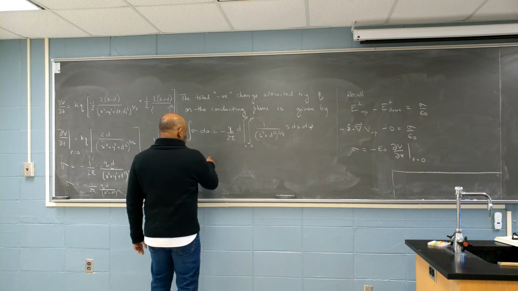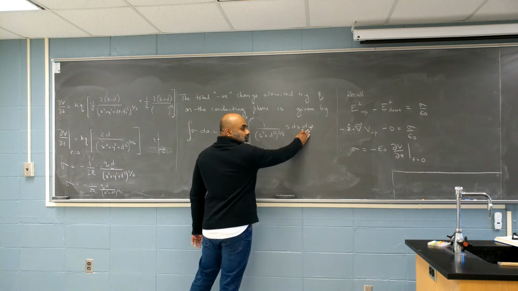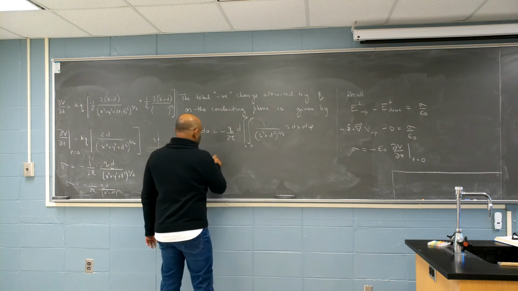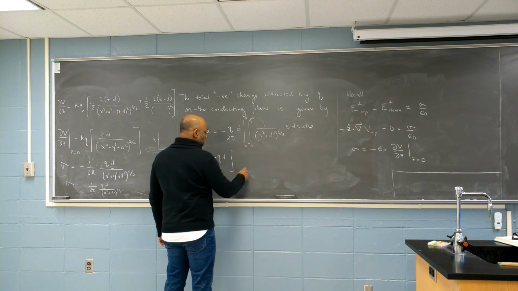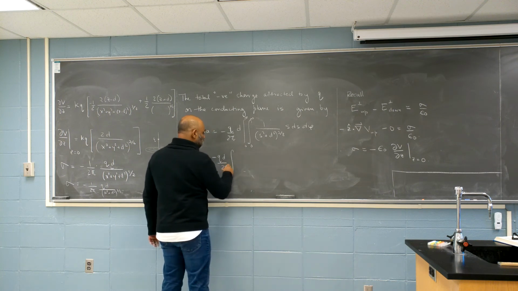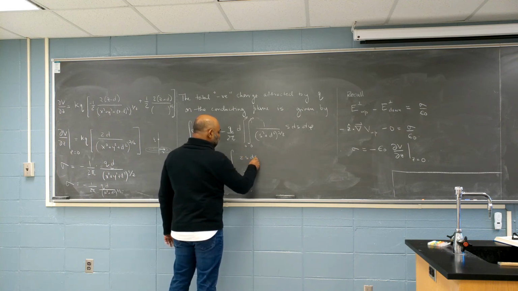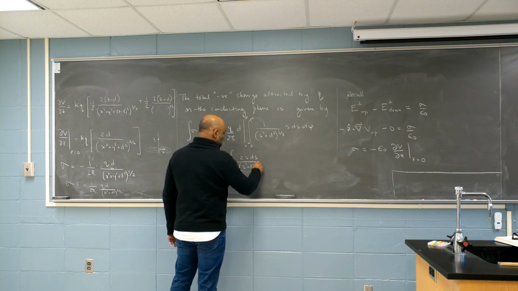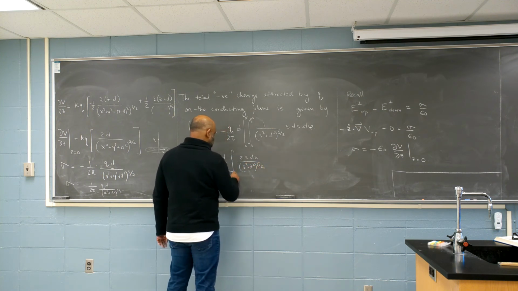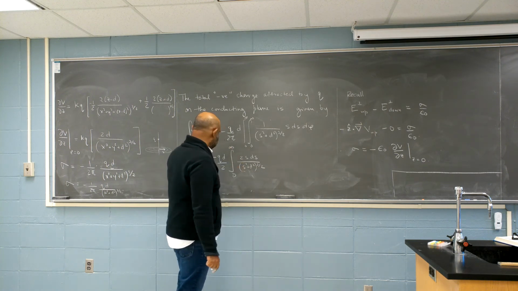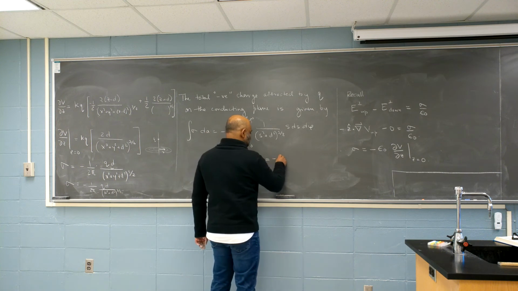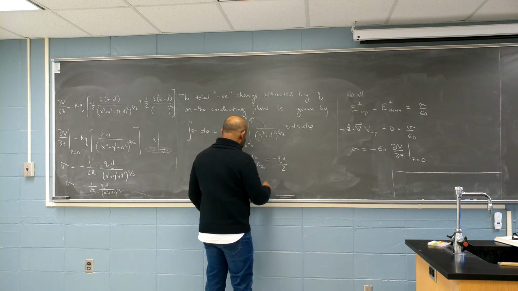I can confidently say this phi is going to give me 2 pi, so I have minus q d. I can put 2s ds, then s squared plus d squared. 2s is my integration factor, right? So then what does it become? Minus q d over 2.